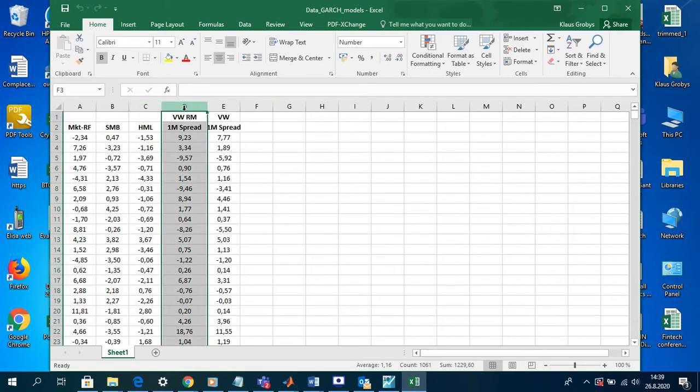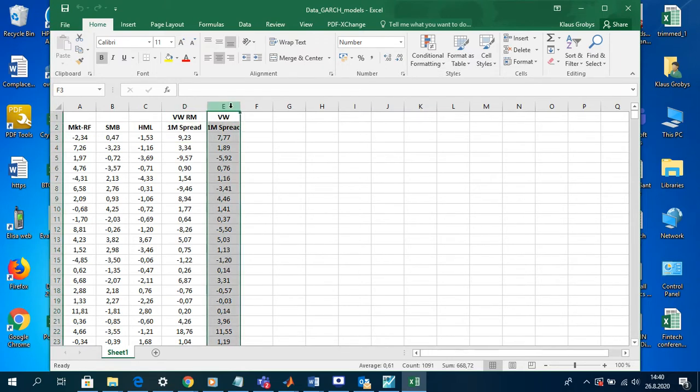What we have in column D is the risk managed short-term industry momentum factor, the 1 month spread using value-weighted industrial portfolios as input assets. So this short-term momentum factor here is risk managed and based on value-weighted portfolios.